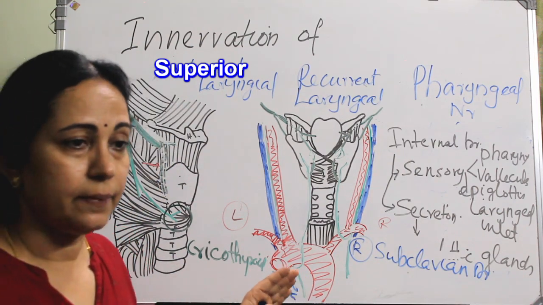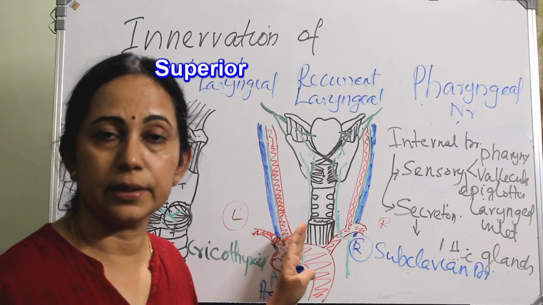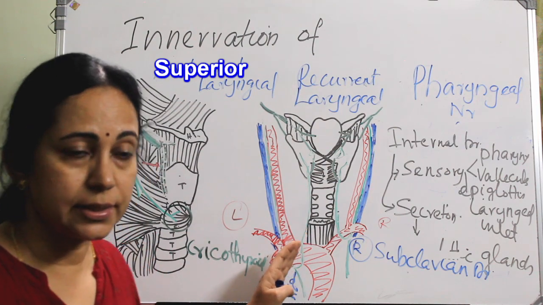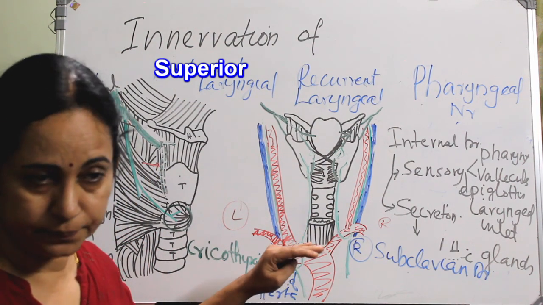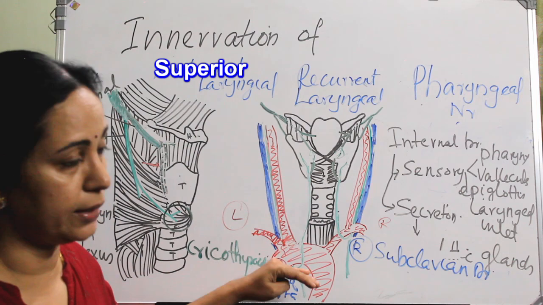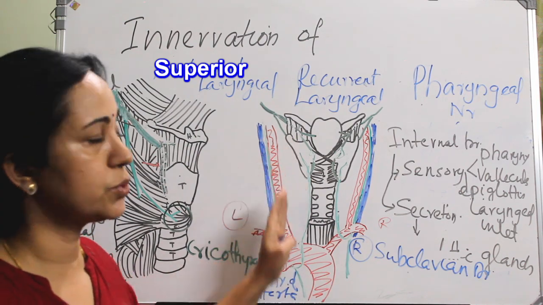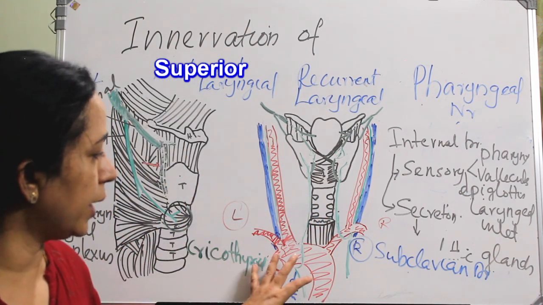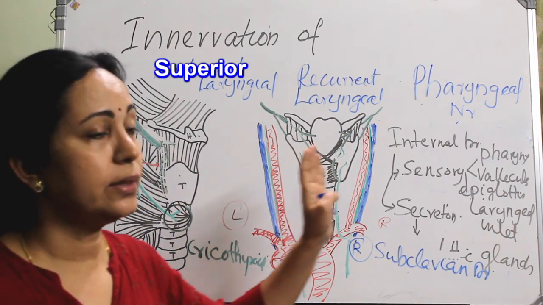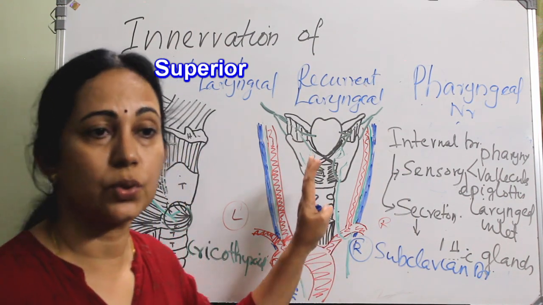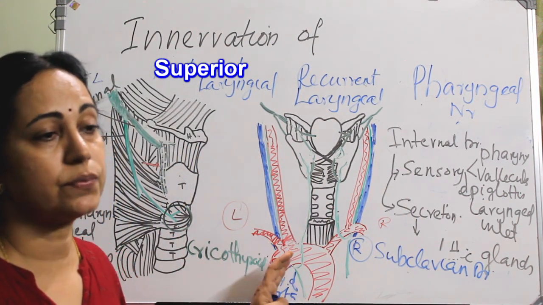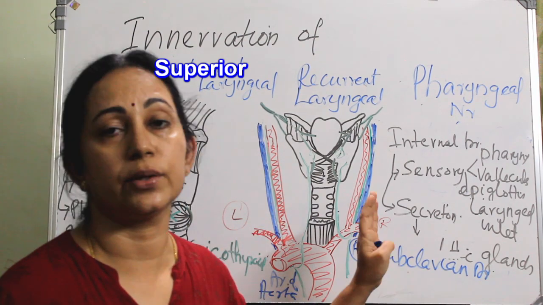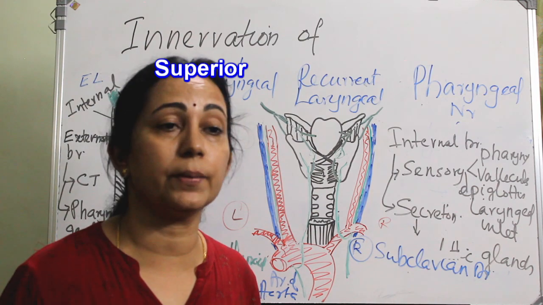So obviously the left recurrent laryngeal nerve is liable for injury during cardiovascular surgeries, and also during neck trauma and thyroid surgeries. It is more liable to injury than the right recurrent laryngeal nerve because it has got a longer course. The chance of injury to the left recurrent laryngeal nerve is more than that of the right. That you have to remember always.